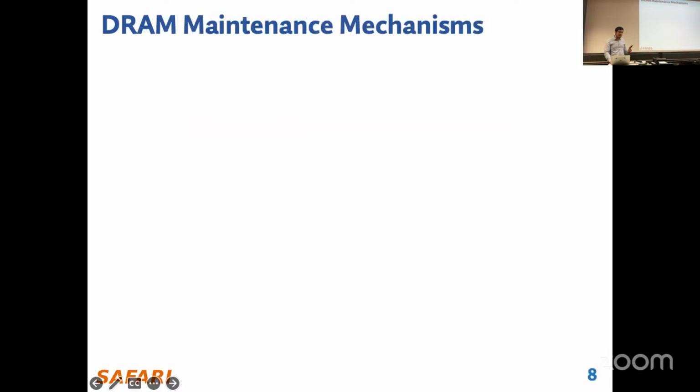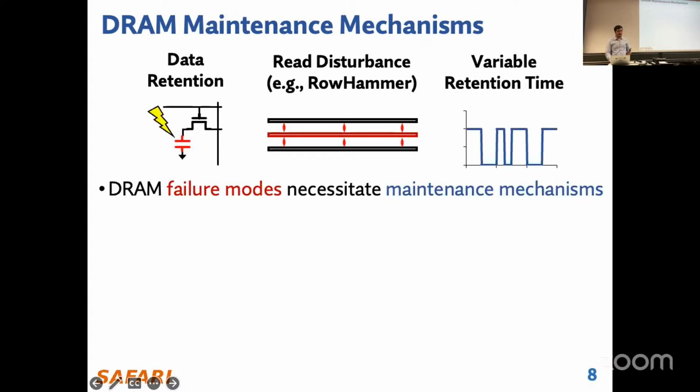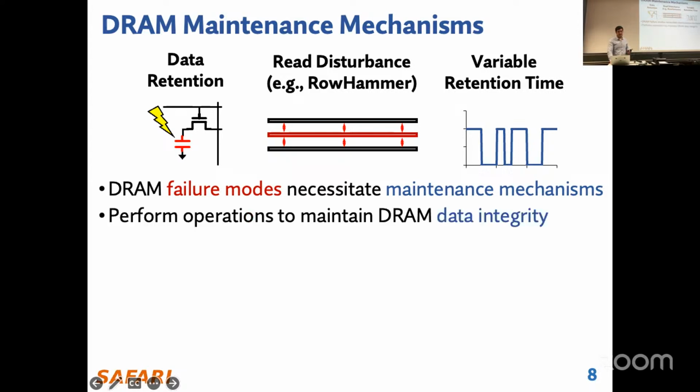And one important type of DRAM operation are those that are performed by maintenance mechanisms. You already know that DRAM is subject to many error modes, such as the ones that I show you here, that necessitate maintenance mechanisms. And these mechanisms basically just maintain DRAM data integrity.